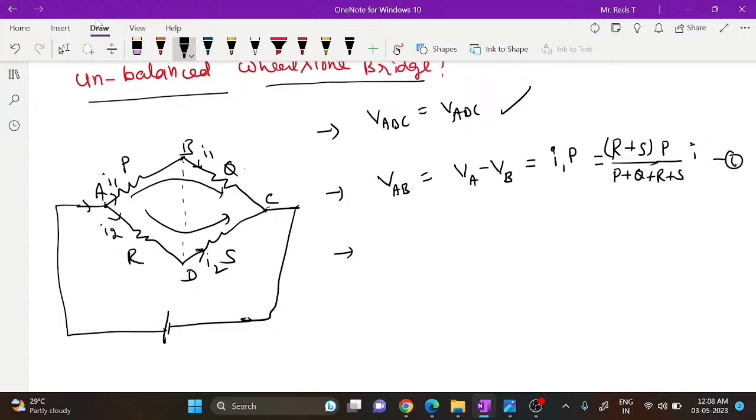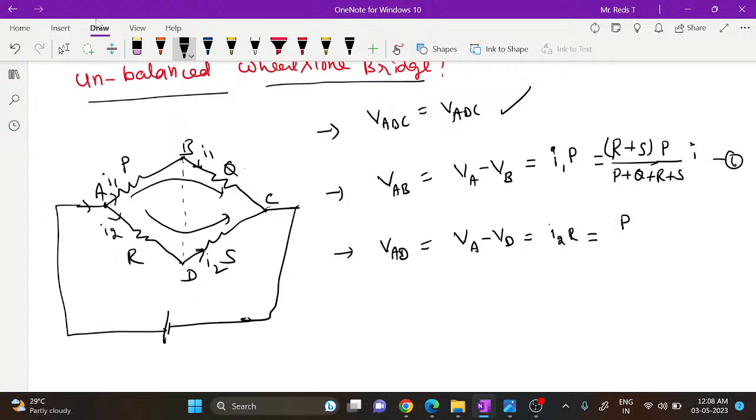Whereas V across A and D, VAD, that is a potential difference across the resistor R. VAD is equal to, as current is passing from A to D, A will be at higher potential and D will be at lower potential, so we can write it as VA minus VD is equal to, from Ohm's law, potential difference across the resistor is nothing but IR, current through that resistor into its resistance, that is I2 into R.